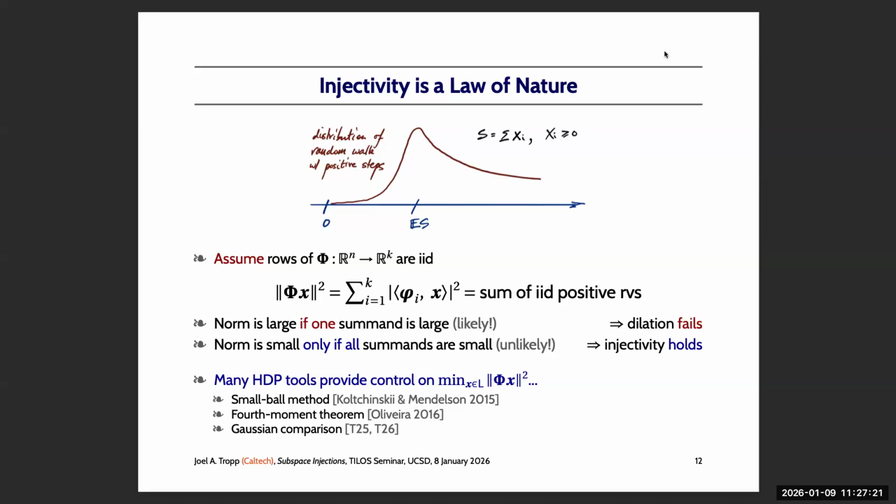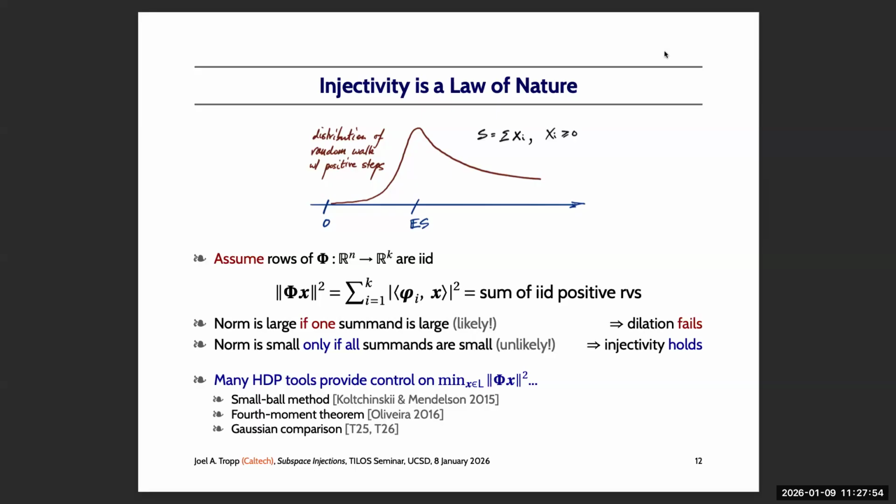Good. If you look at the distribution of a sum of IID positive random variables, it tends to be centered around its expectation, but the distribution is not symmetrical. It is very likely that the distribution of the sum has a heavy tail, as Dima suggested, because as soon as one of these guys is big, you're out in the tail.